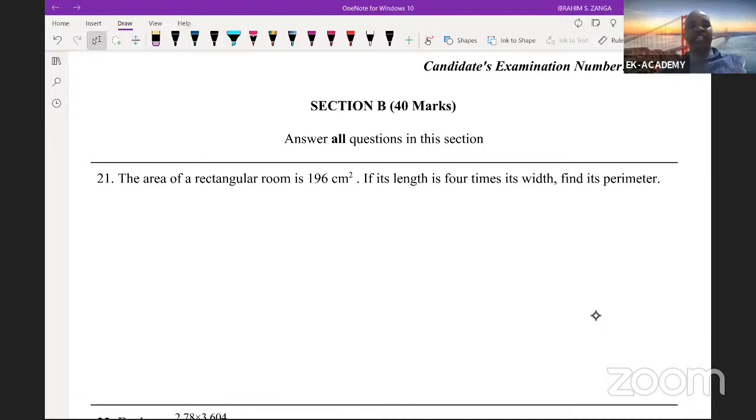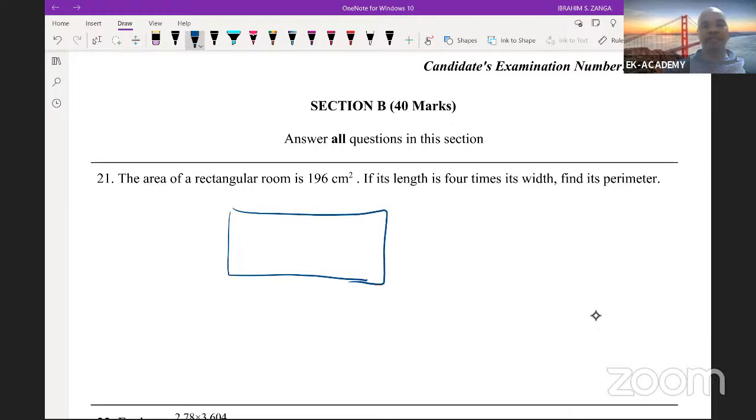The area of a rectangular room is 196. If its length is 4 times its width, find its perimeter. So we were given a rectangular room. So this is our rectangular room, and the length is 4 times its width.